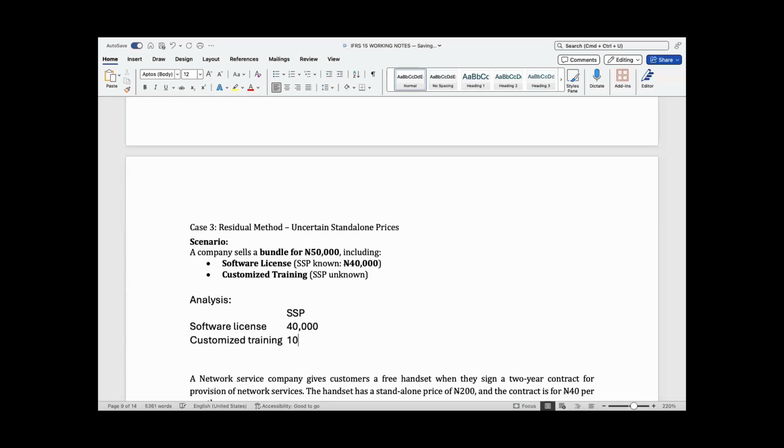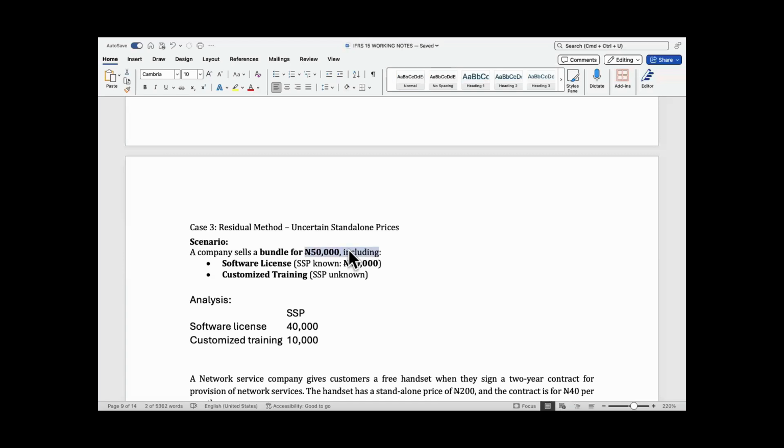For the customized training, they don't know the standalone selling price, so we'll just recognize the balance for that because the bundle together is 50. They say that if they were to sell the software separately, they sell it for 40. They don't know the selling price for this, so we assume it's the balance of 10. So we won't recognize 50K and say that, okay, this is revenue for this service.